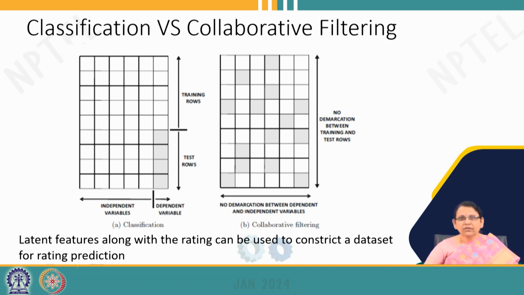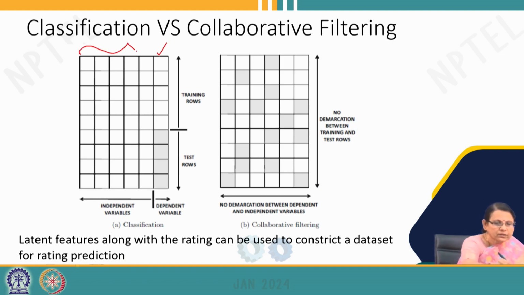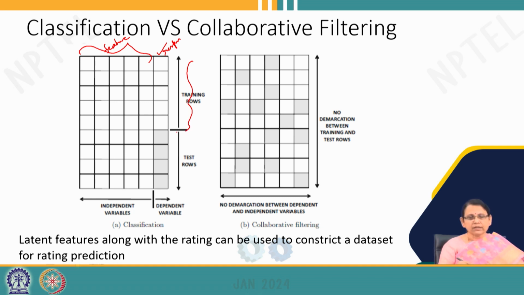In case of a classification or regression problem, we have the data in which the last element is the response variable. These will be the features and this will be the response, and you will have a set of training data with which you build the model, and there will be a set of test rows.